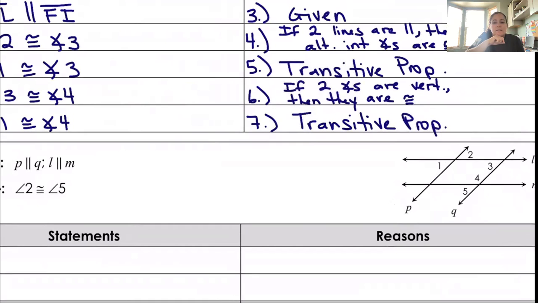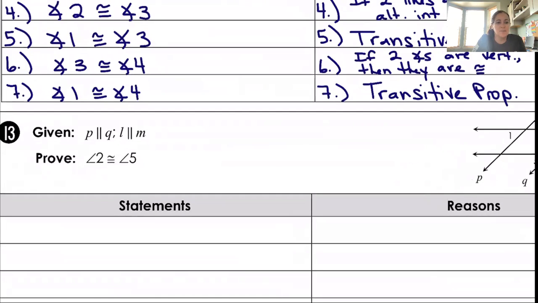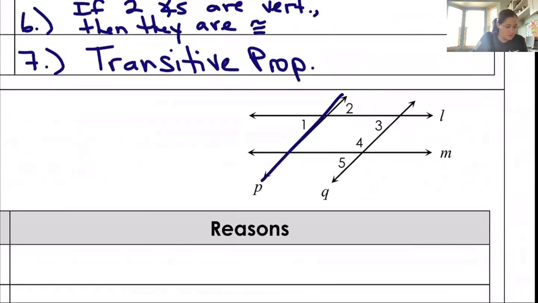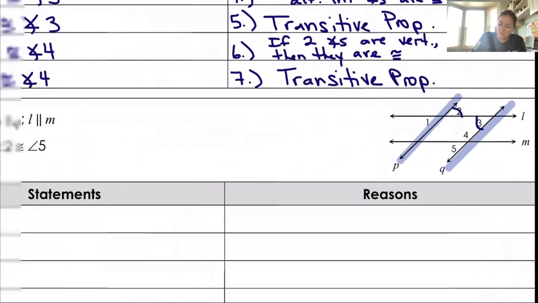All right, let's see. Number 13, P is parallel to Q. Well, if P is parallel to Q, then I can say that 2 is congruent to 3 because they're alternate interior angles. We eventually need to get 2 and 5 congruent. So let's at least start there, and then I'll take my highlight off.